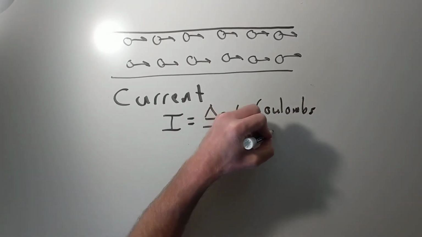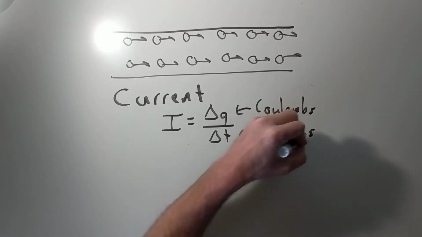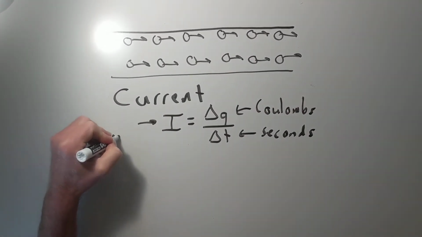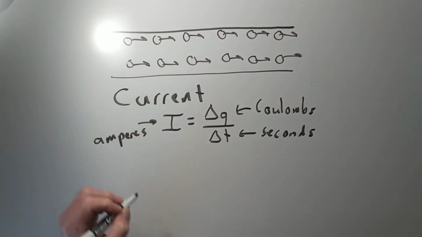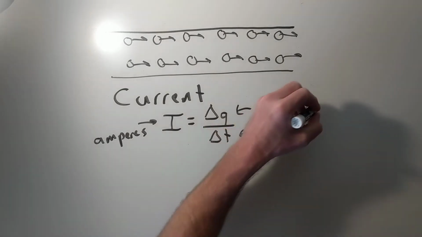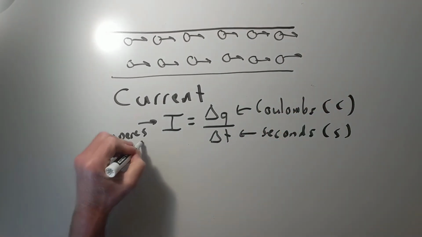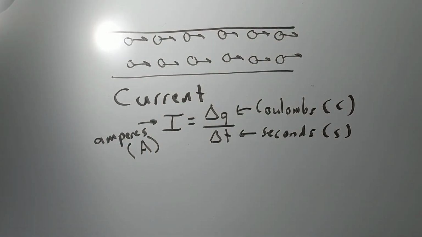The time will be measured in seconds. And the current is measured in amperes, although nobody really says amperes, they usually say amps. So C for coulombs, seconds there, and capital A for amperes.